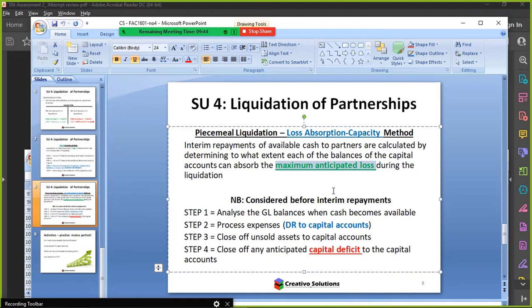In other words, if you can't sell any additional assets and you only have a certain amount of money left in the business, based on the current situation in the partnership, which partner is in the best, inverted commas, situation? Okay, and that's why they talk about maximum anticipated loss. Okay, and I'll show you how that works in an example.